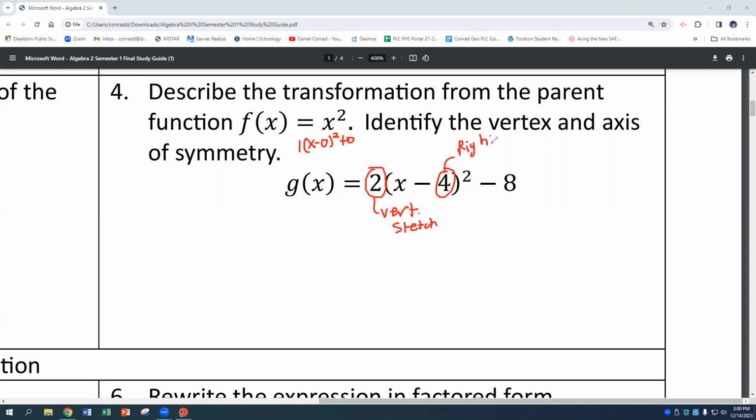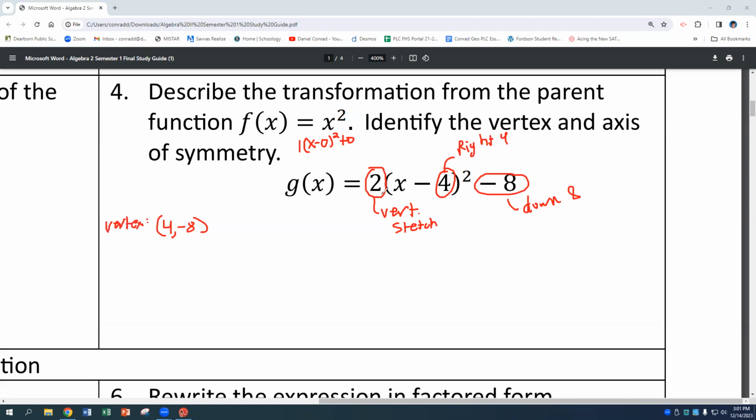We're going right 0 on the parent, and on this one we're going right 4, and then down 8 units. Identify the vertex and the axis of symmetry. So our vertex is going to be 4, negative 8. H is 4.